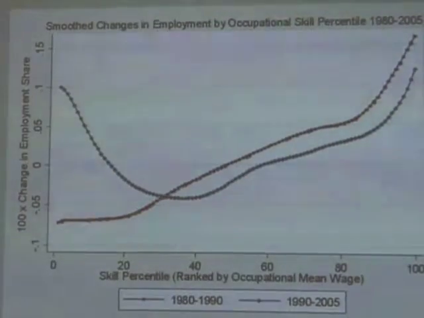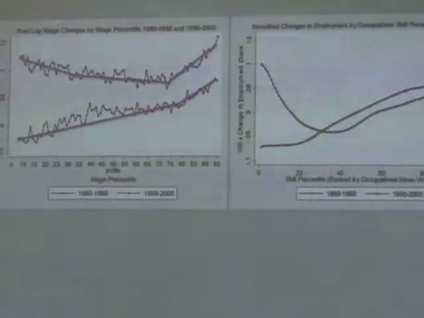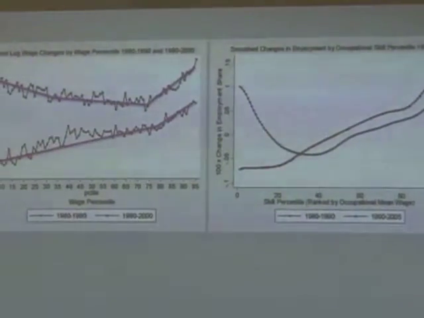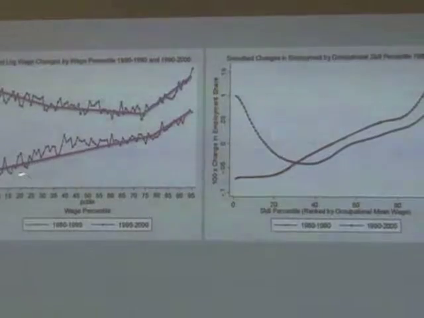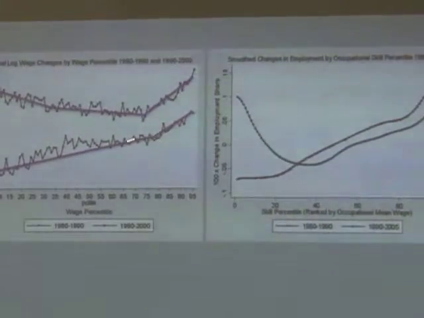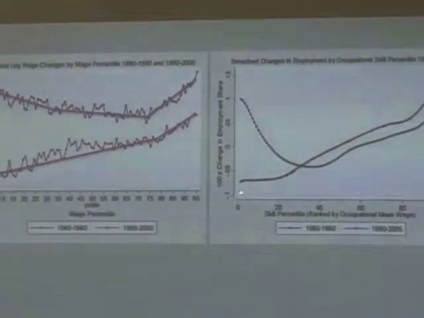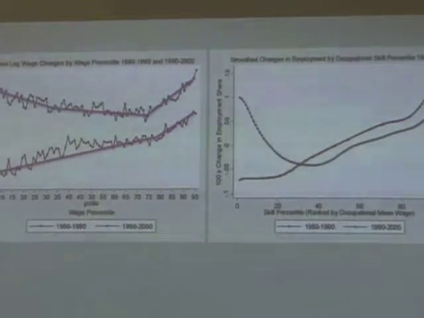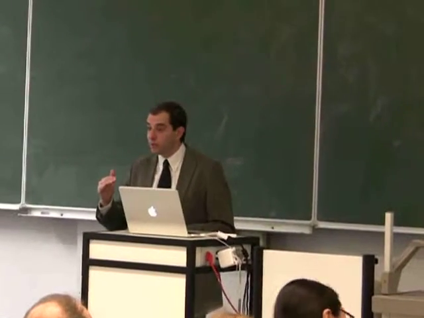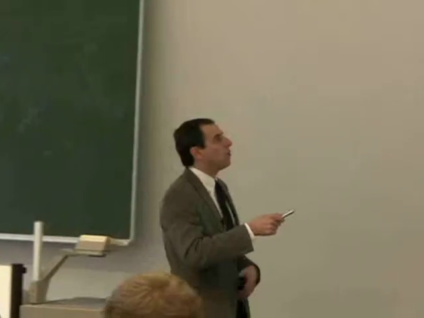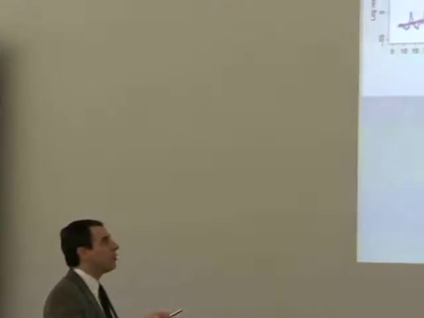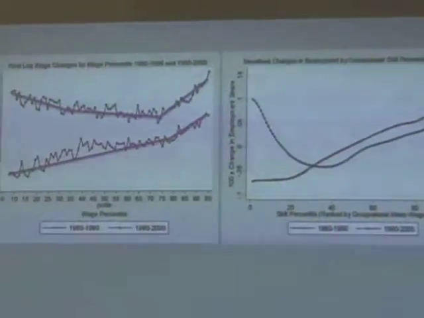Okay, so putting these things together, it's pretty striking that in the period in which wages are growing monotonically in percentiles, employment is growing monotonically in wage percentiles. In the period when low wages are falling, low skill occupations are declining in employment, and in the period in which high skill wages are rising, employment in those occupations is rising as well.